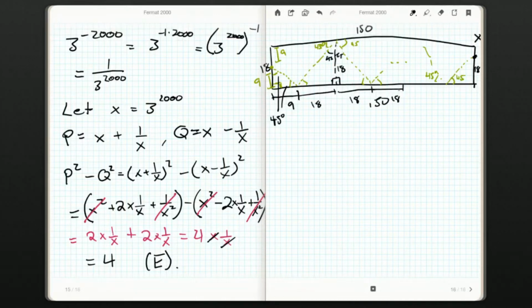Let's get this 150 out of the way. And it'll keep going, another 18, and another 18, all the way down to some distance, we'll call it y, that he goes until he reaches point X, if the ant traces his steps in reverse. So using this information, we can figure out what's going on.